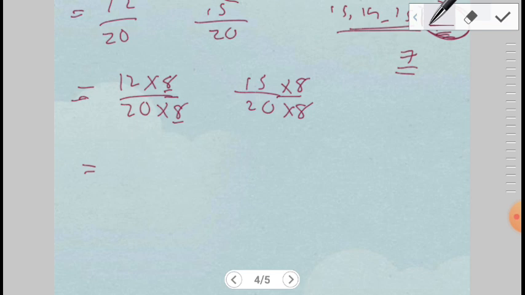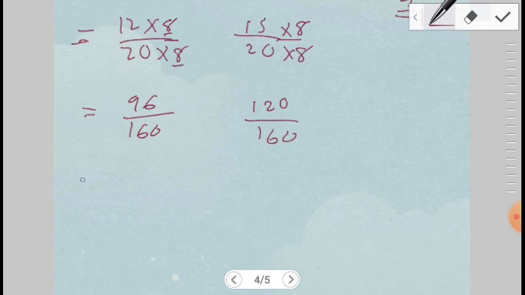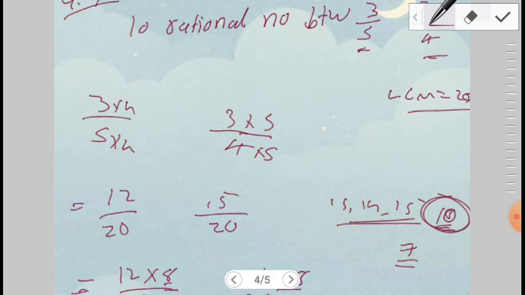So the first one, 12 times 8 gives 96, here 160, and here 120, and the denominator after simplification is 160. So I can say that we have more than 10 numbers between these rational numbers.